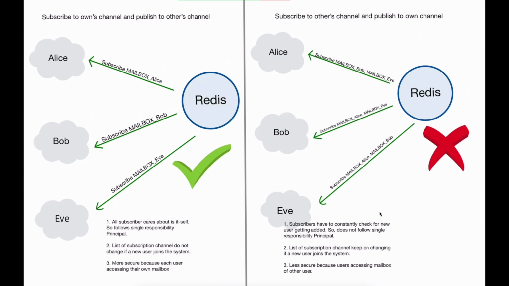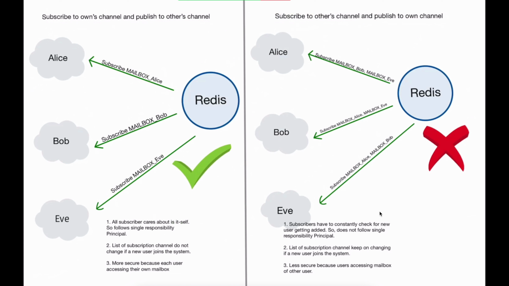What will happen if you explain to someone or if you get deeper into it, this will be slightly confusing as well, because either you can do this, you can subscribe to other channels. For example, Alice can subscribe to Bob's and Eve's channels, and if someone wants to send a message, they can send a message to Bob's channel that, hey Bob, this is the message, and Alice can subscribe.